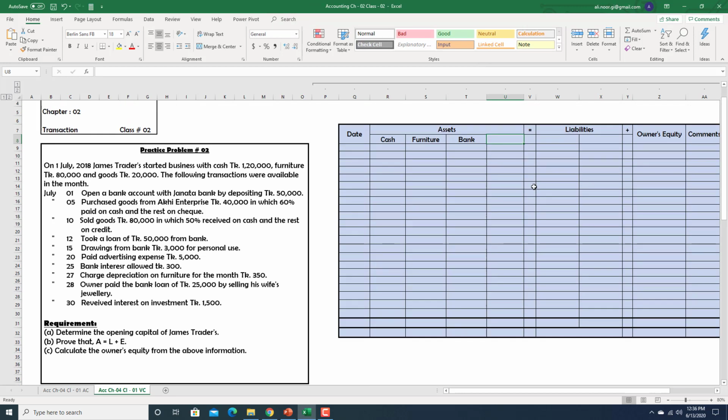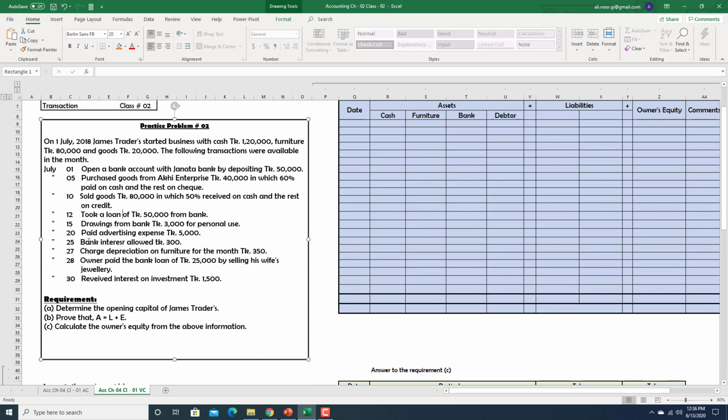So we have debtor account also. I think there is no other asset account.